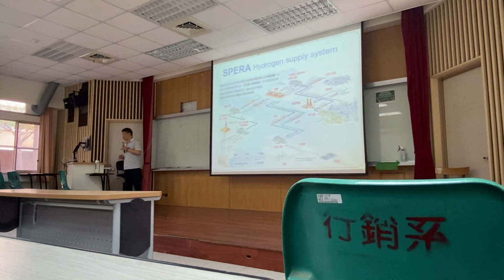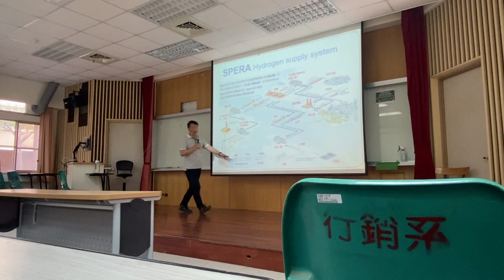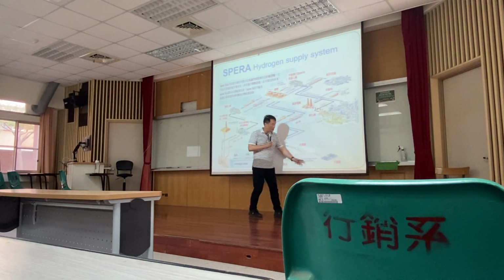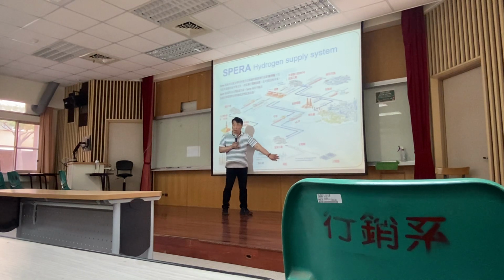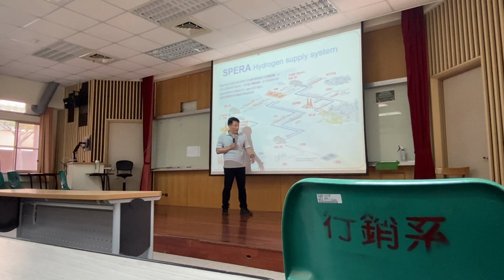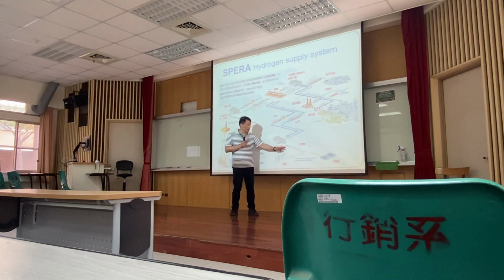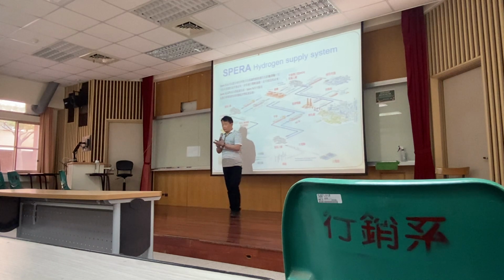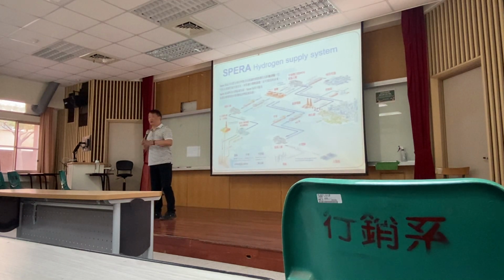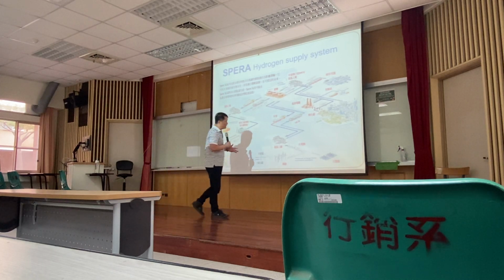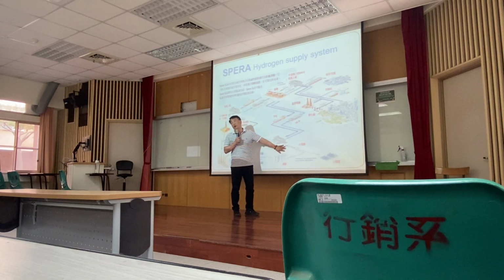Okay. Green hydrogen is from here. From solar panels or from wind power. When we generate electricity, we use the electricity to get the hydrogen from water, right? So the products are hydrogen and oxygen. So this is called green hydrogen.